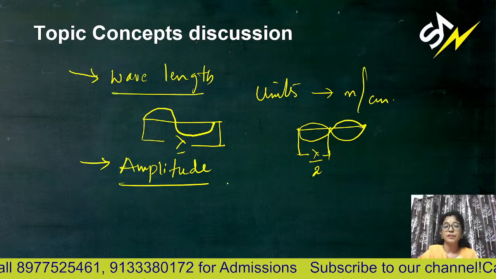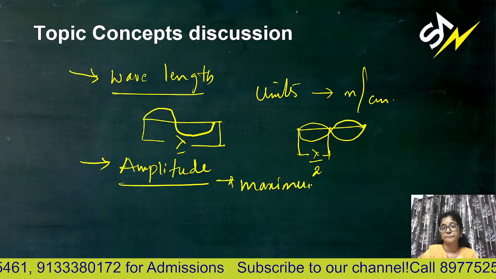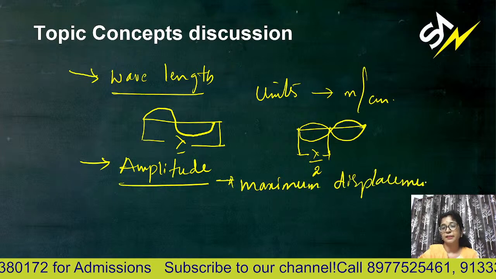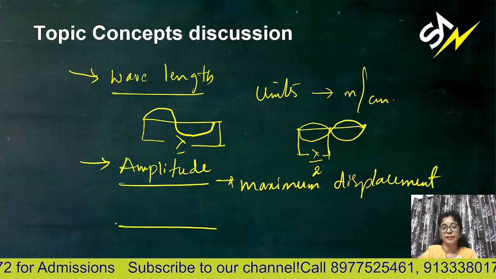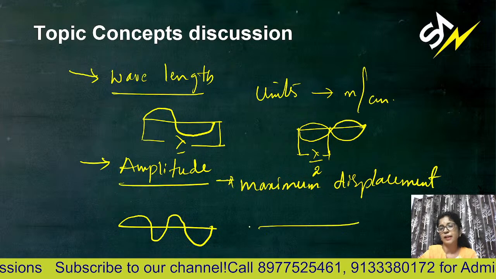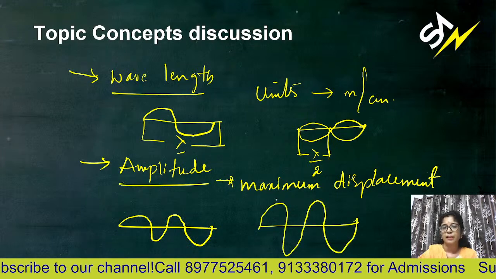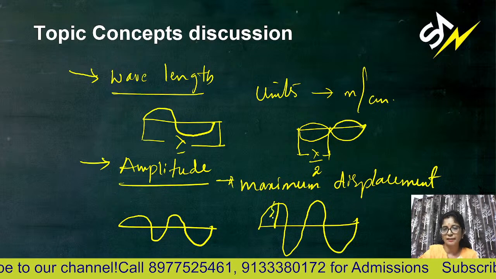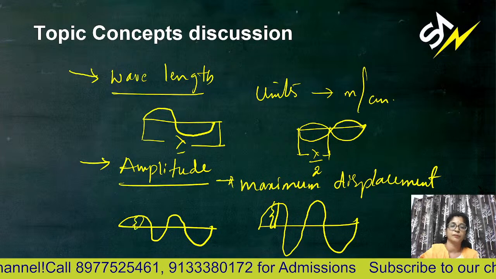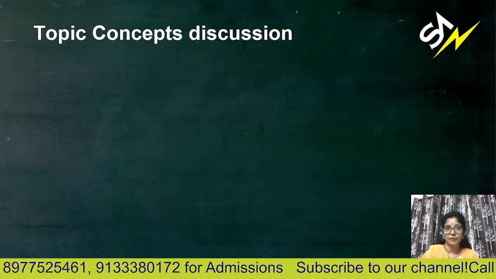Amplitude is nothing but the maximum displacement of the wave. If I draw two different waves here, you can trace out which will have more amplitude. From here to here, this distance is called amplitude. Naturally, the second one will have more amplitude than the first one, right?